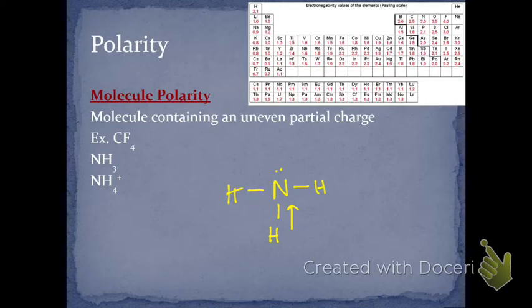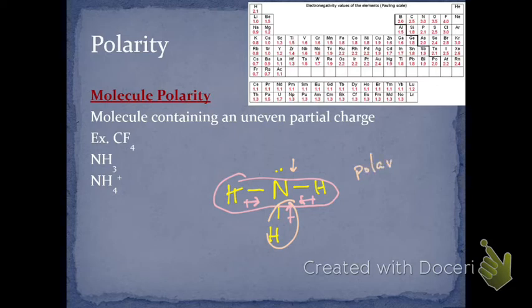Let me do it in different colors, sorry, so it's easier to see. Actually, what you see is there's symmetry here, right? They're kind of pushing against each other. But in this up and down direction, it doesn't really work, right? Because there's nothing against it over on this side. So this would actually be polar.